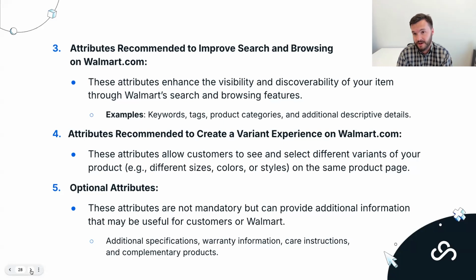But if I'm just an ignorant dad going online and doing some shopping, I'm just going to be typing in kids backpack. I'm not going to be specifying the color. But if my daughter and I are in the store looking at the backpacks, I'm going to say, which one do you want? And she's going to say blue because she can see them all. If that's not in the variant experience details for your .com item, then it's just a missed customer experience.